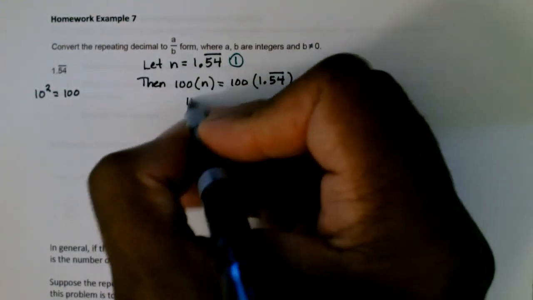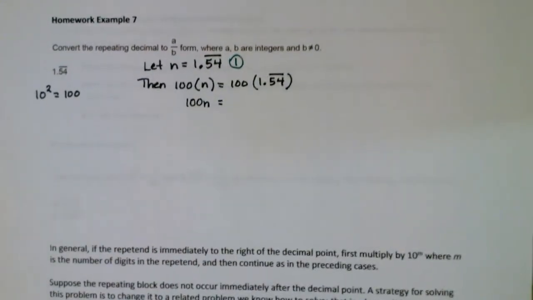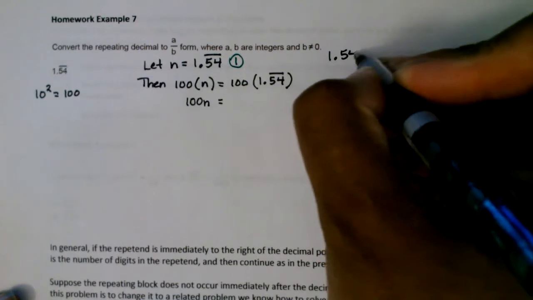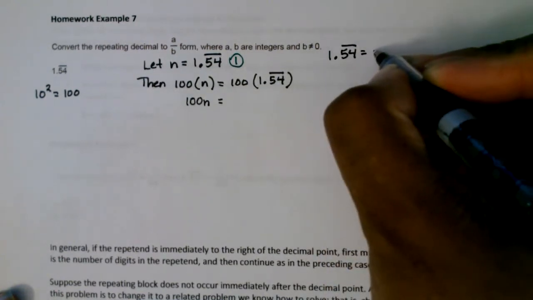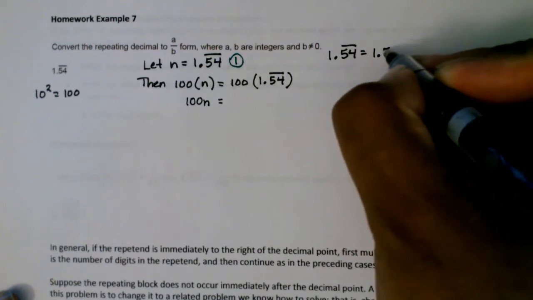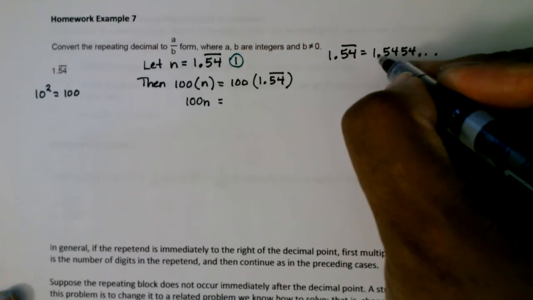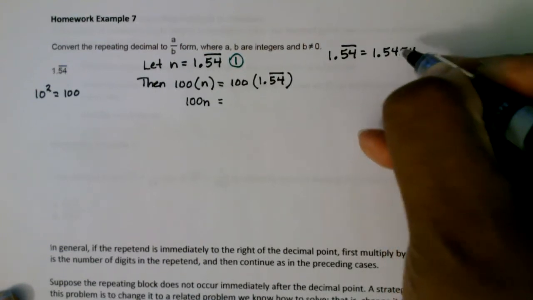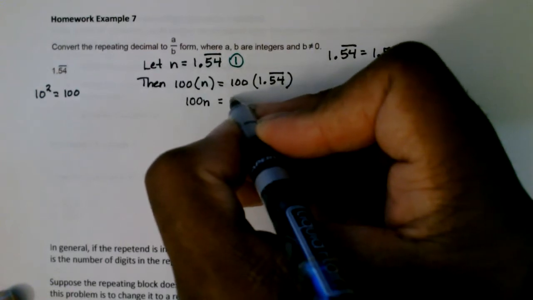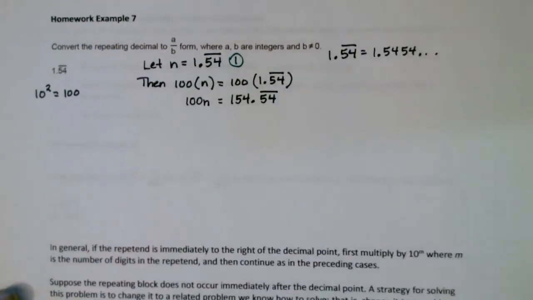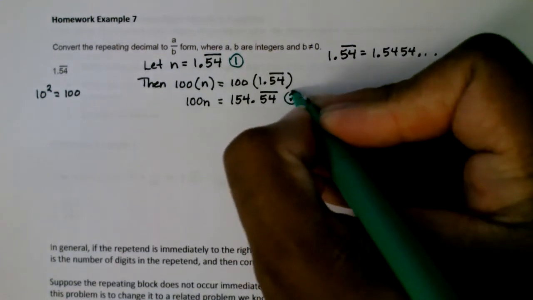So 100 times n is 100n, and that's equal to 100 times 1.54 with the 5 and 4 repeating. 1.54 repeating means 1.5454 and so on, and if I move the decimal point 2 places to the right, that would be 154.54 repeating. And that's going to be equation 2.